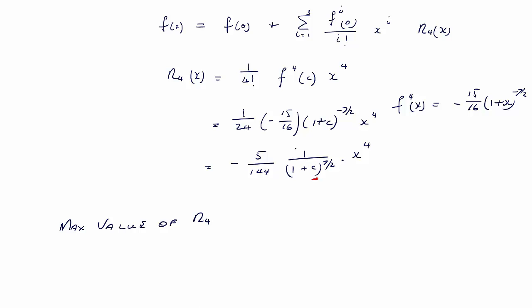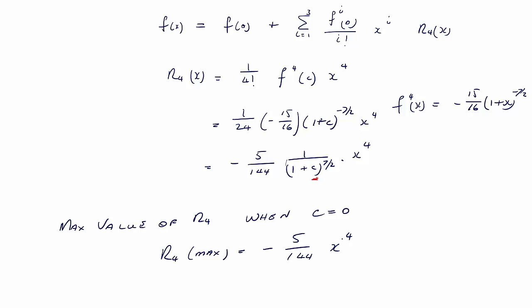We're dividing by (1 + c) to the 7/2. The larger c is, the smaller this term is. Conversely, the smaller c is, the larger that term is. So the maximum value of this term will be 1 when c equals 0. So we'll have R4 max is equal to -5/144 x to the 4th.